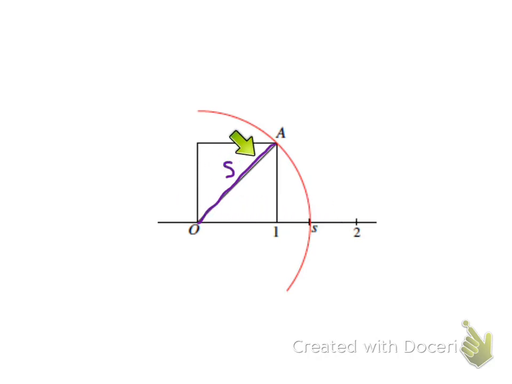This is all pretty much to scale, so we can see the length of that diagonal right here. We know it's greater than 1, but less than 2. In addition, it has a precise location on the number line, right where this point sits.